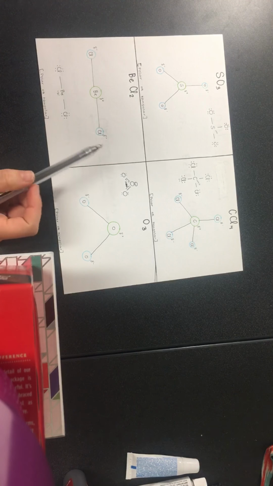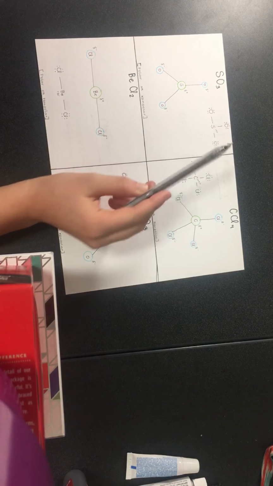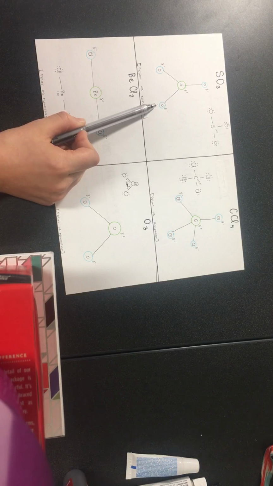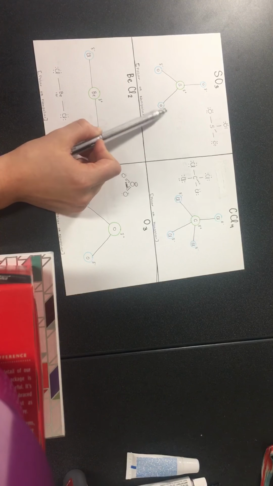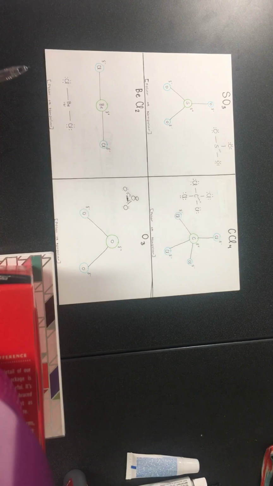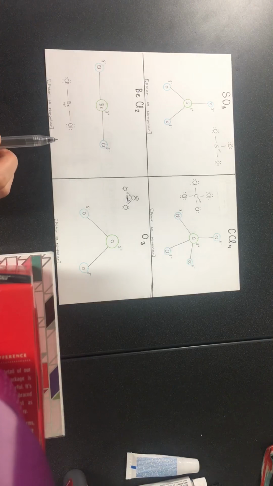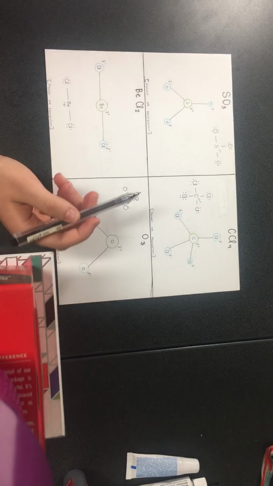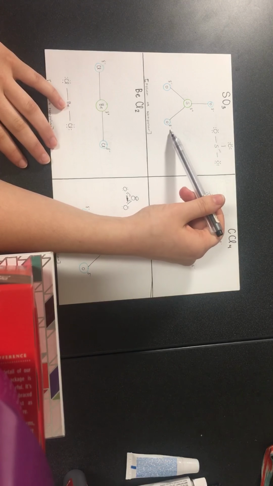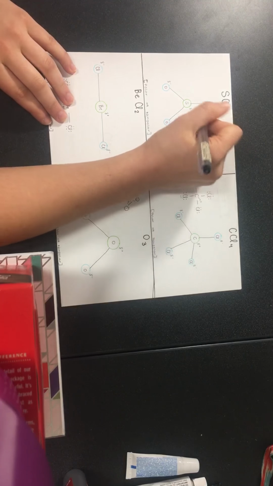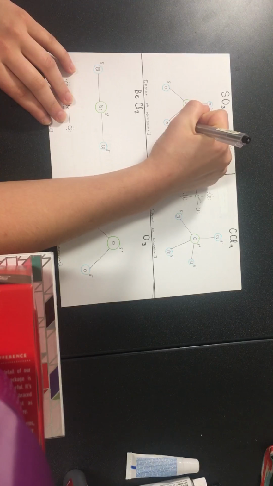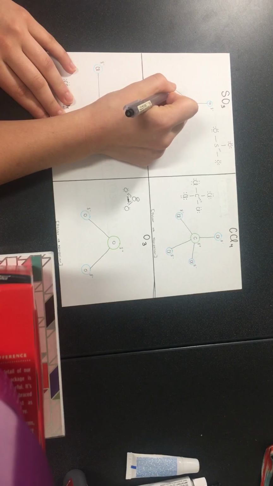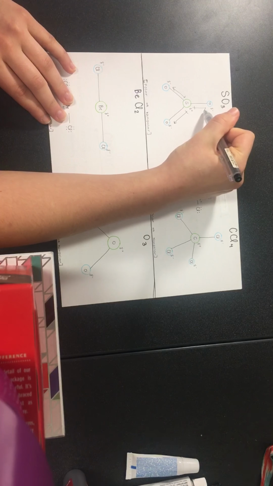I've gone ahead and drawn the Lewis structures, and the molecular geometry with the partial negatives and partial positives to show how the molecule is. Okay, so SO3: oxygen is more electronegative than sulfur, so we draw the dipoles.